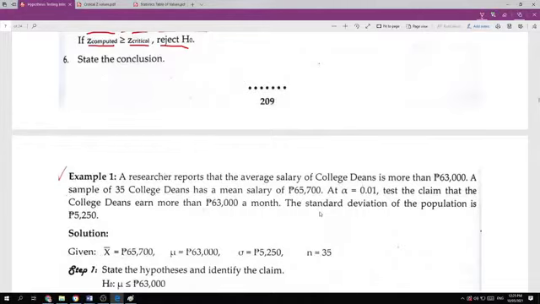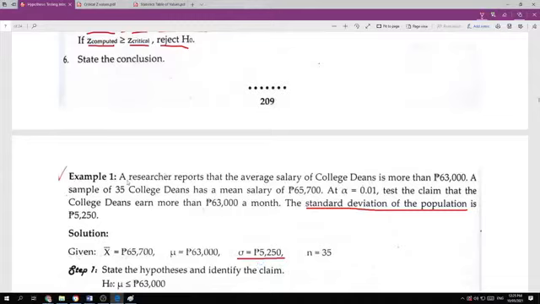What is given? Is it the sample standard deviation or the population standard deviation? Population. Okay, from the given here, the standard deviation of the population is 5,250. That's why I will be using the population standard deviation formula. Now, let's identify the other givens.